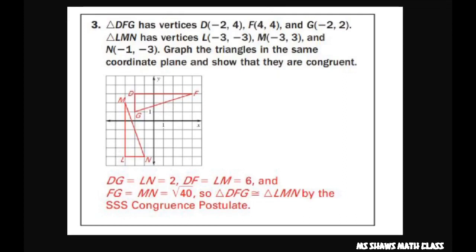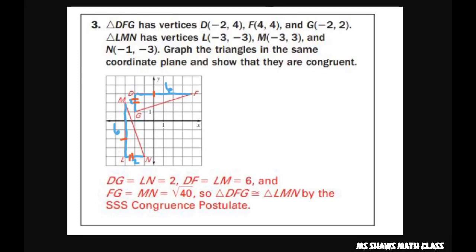All right. Here's another example. We have the vertices and we graph the triangles. And we know that this is 2. This side is 2. This is 1, 2, 3, 4, 5, 6. Count this side. 1, 2, 3, 4, 5, 6. So basically these two are congruent and these two are congruent.